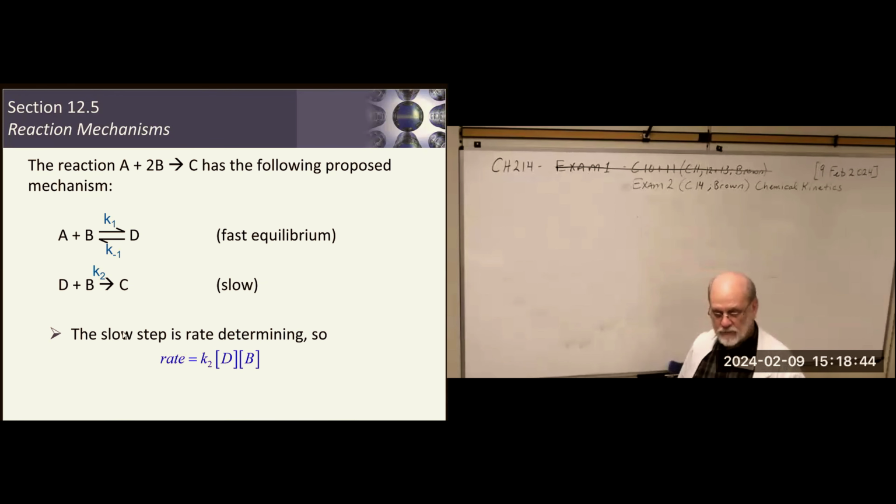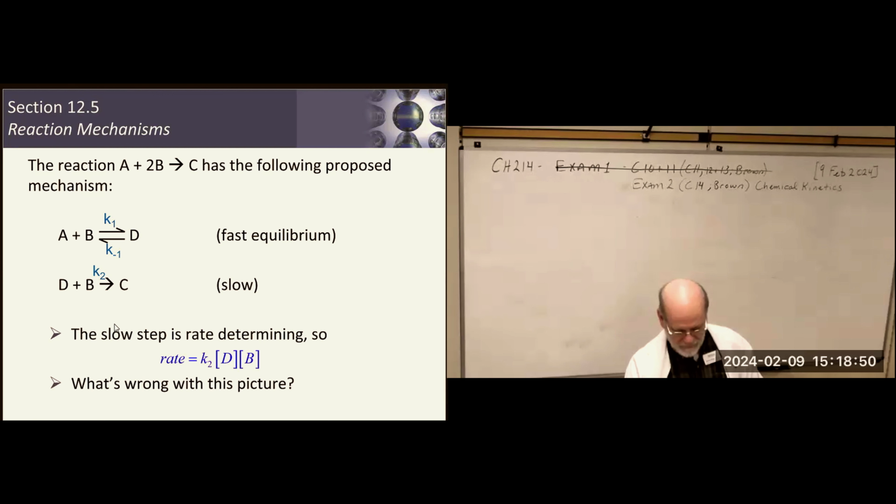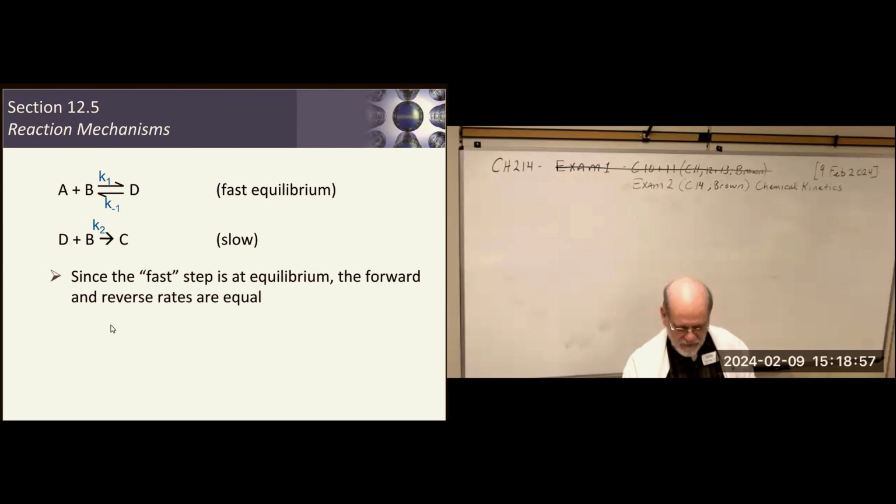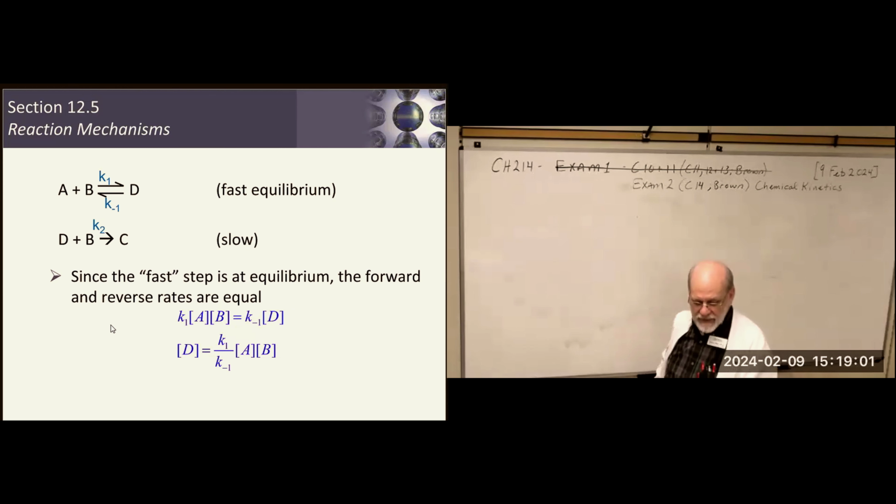So what we do is go back up to the fast equilibrium. D is not a reactant. That's true. We say, all right, if they're the fast equilibrium, that means the forward rate is equal to the reverse rate.